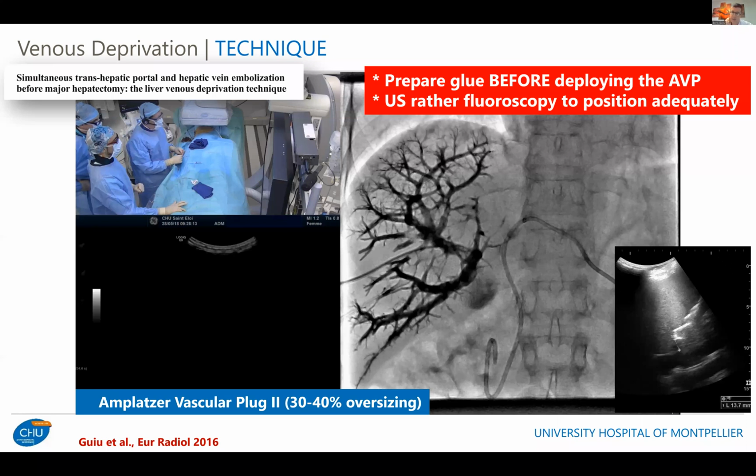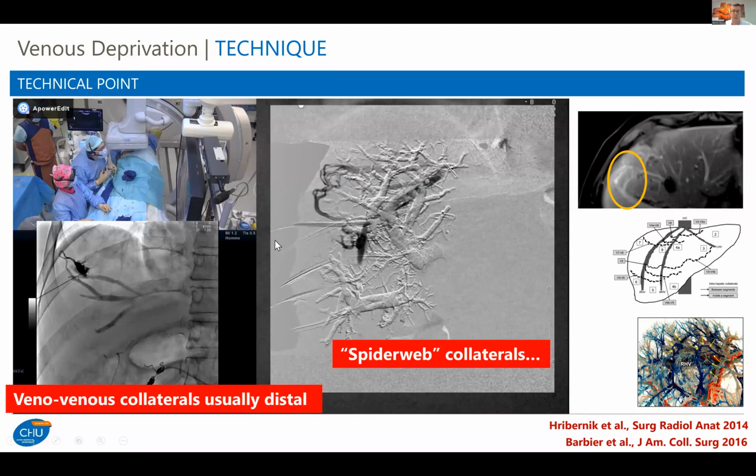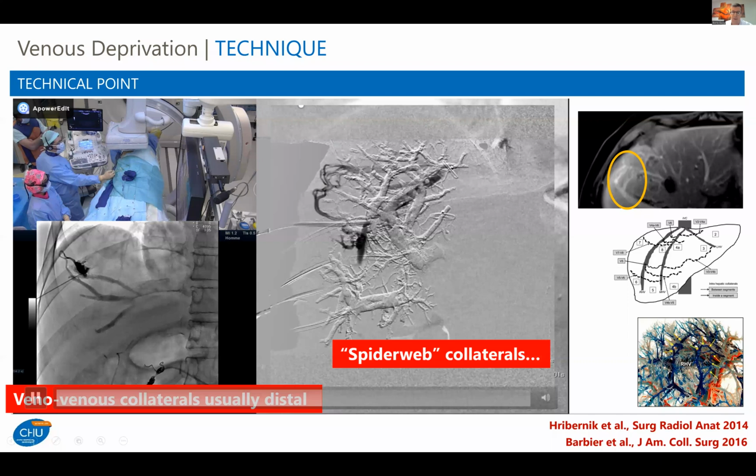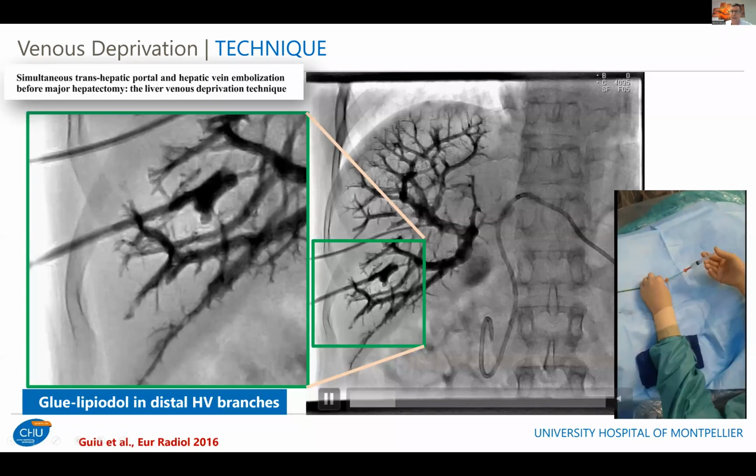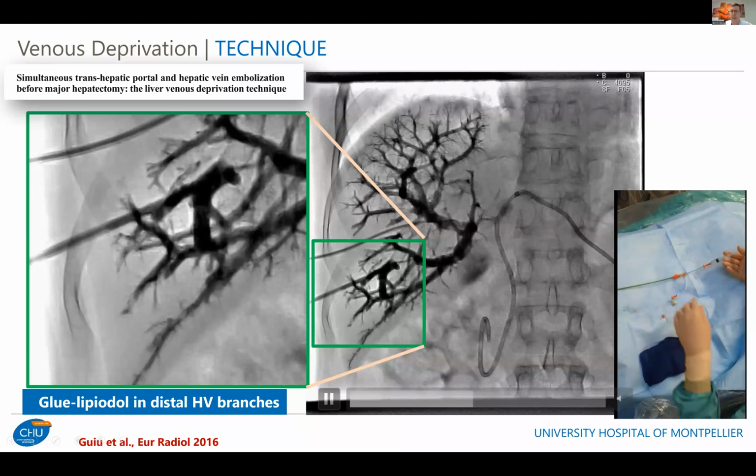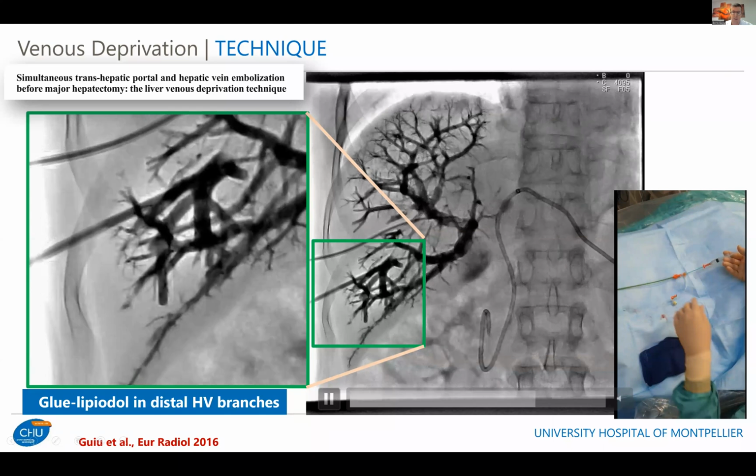We reported the first results of this technique in 2016, sorry. In this paper, we showed that it was a safe technique. We had no complication, very good increase in terms of volume. And when we discussed with surgeons, including Fabrizio Panaro, he told me, okay, the hypertrophy seems to be much higher than we usually get with portal vein embolization.